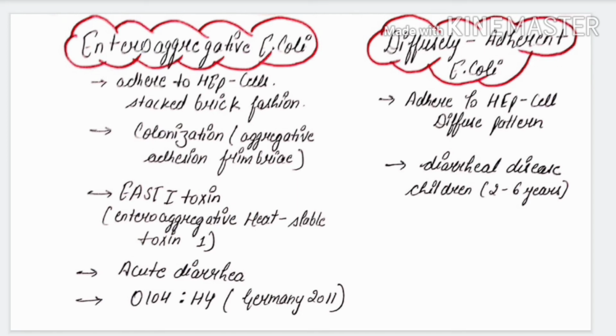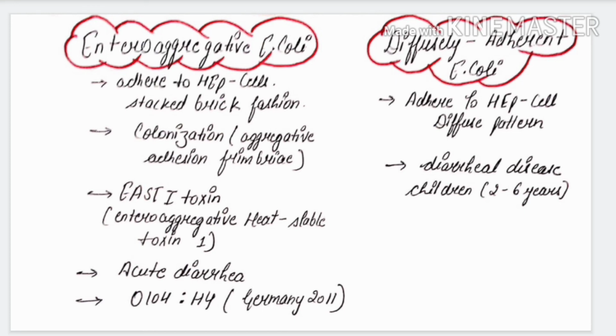It will produce EAST, that is enteroaggregative heat stable toxin. It leads to acute diarrhea. This acute diarrhea is mostly seen in developing countries. This is the strain that was responsible for the outbreak in Germany in 2011.